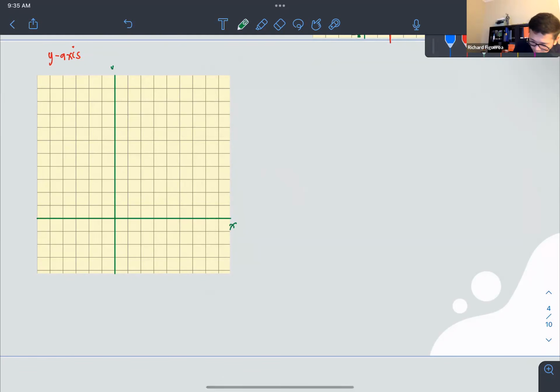I have the x and the y. So we graph the same thing. So the graph would still be the same. So we have y is equals to 0, and then we have x equals to 2.